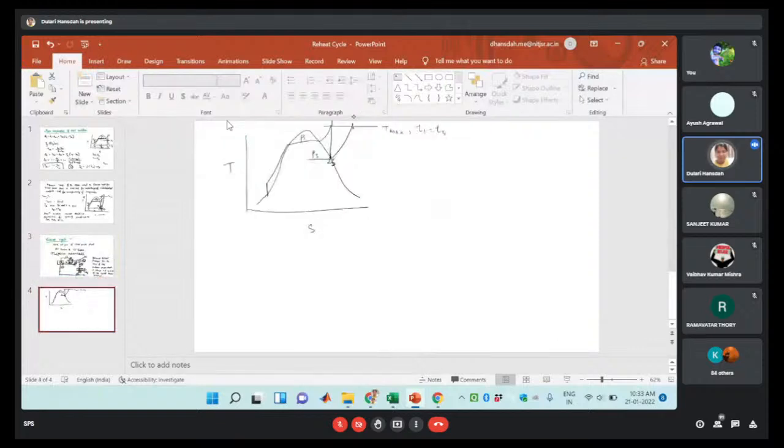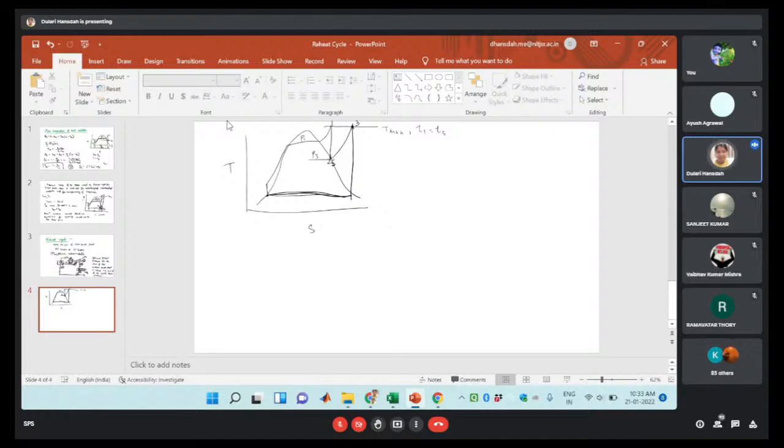So this is your again inlet is 3, then there will be the 7. I think it is visible to you all.